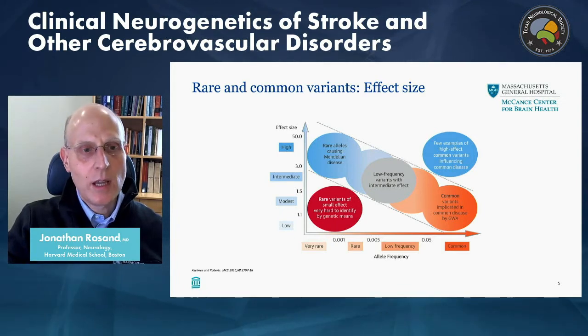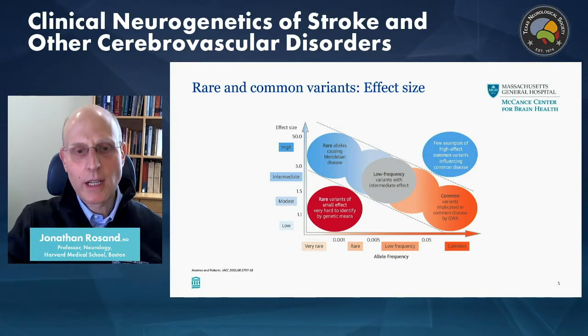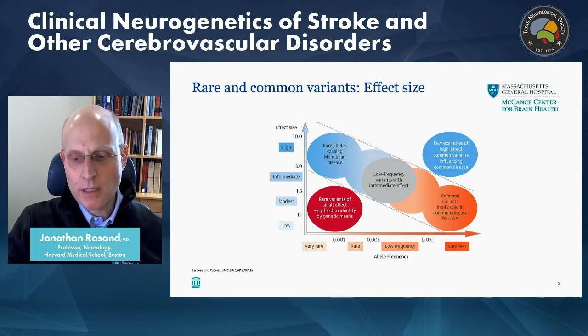And that makes it, once you've identified them, in general much easier to move from rare variant discovery to mechanism, whereas once you've identified a common variant associated with a trait, it's quite challenging to figure out what the mechanism is that explains that association.